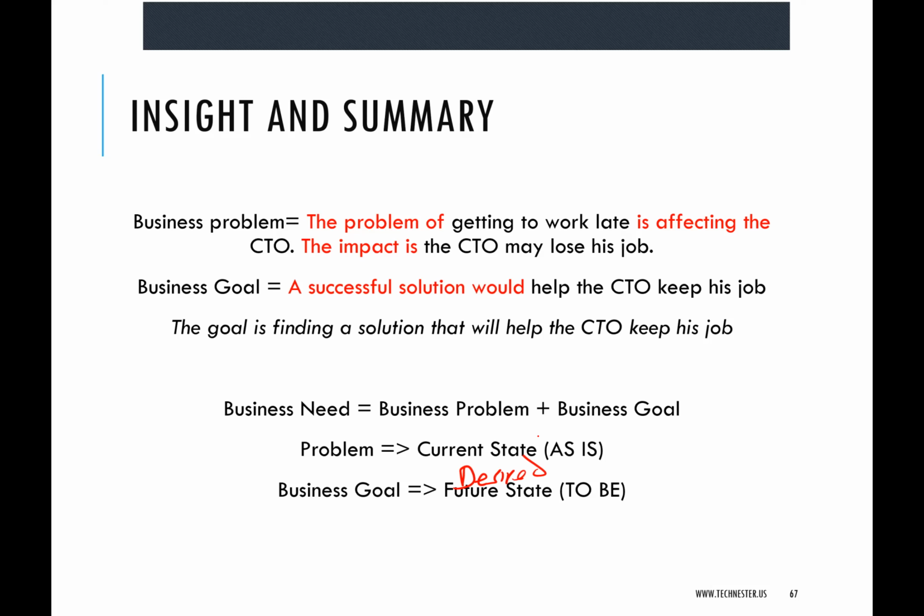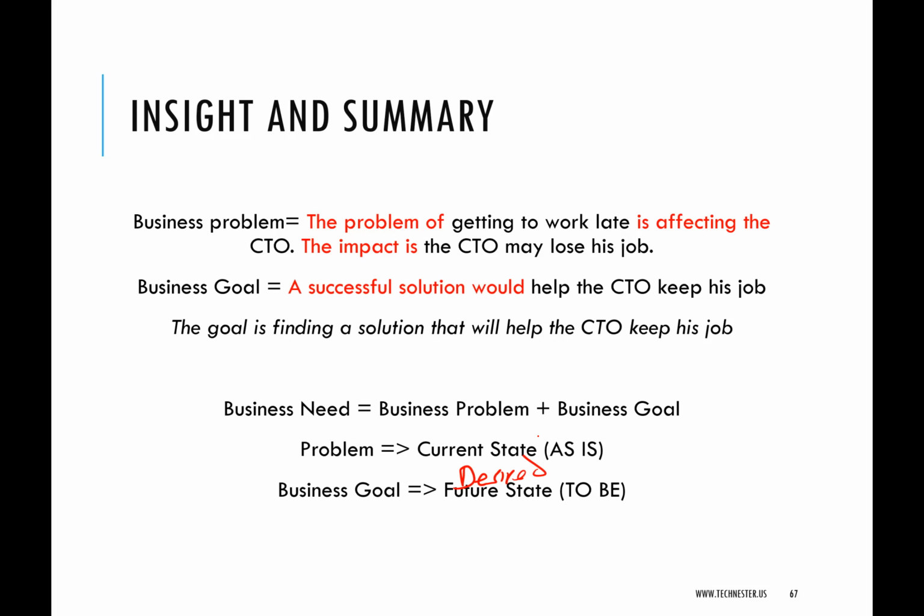For short, you just say future state. So the problem where we are at right now is the current state. Where we would like to be, which is no problem, solution has arrived, everything is working, is our desired future state. That current state is also called as-is. The future state is called to-be. So as it is now and how we want it to be.